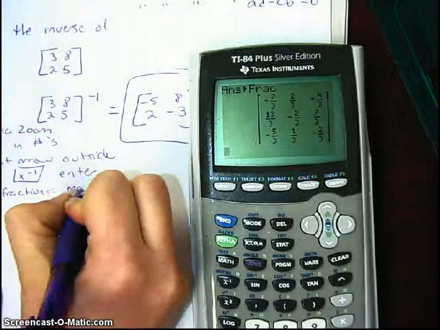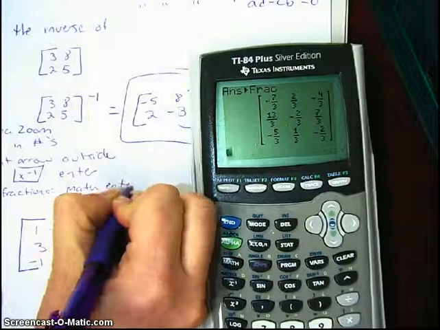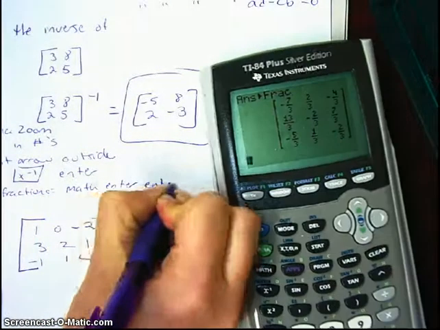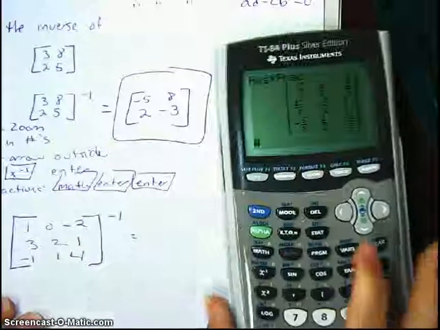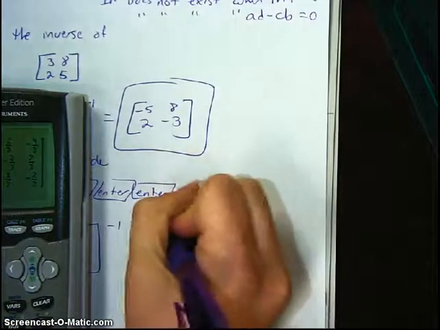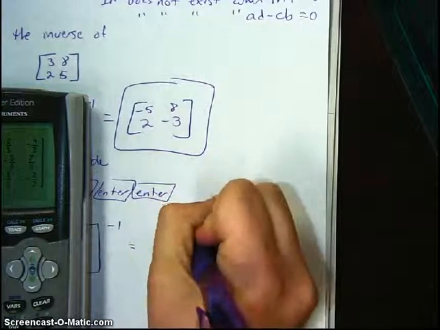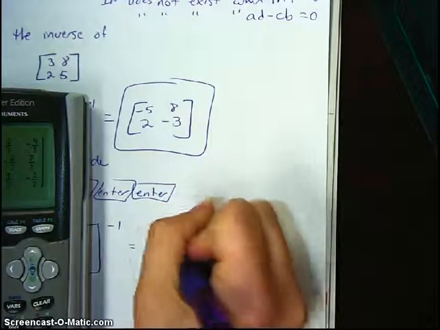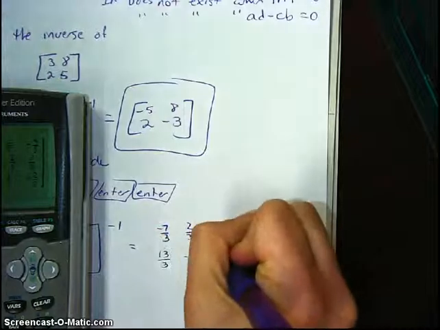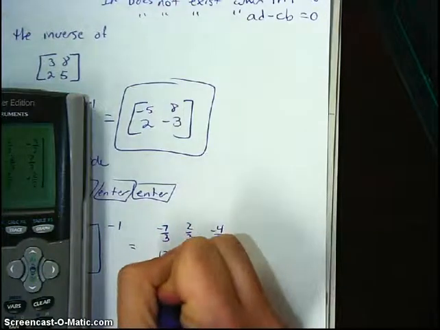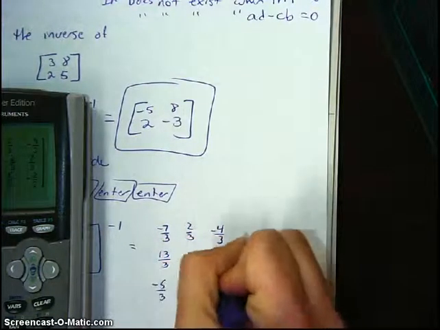Those are all buttons on your calculator. So we'll write down our answer as negative 7/3, 2/3, negative 4/3, 13/3, negative 2/3, 7/3, negative 5/3, 1/3, negative 2/3.